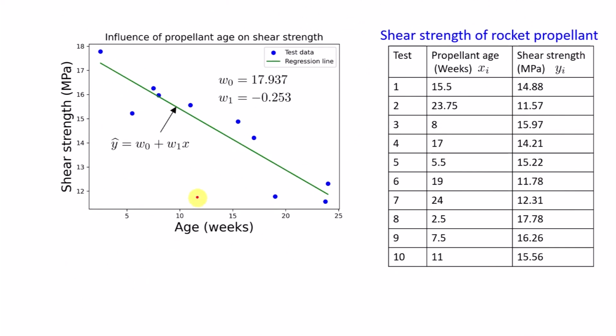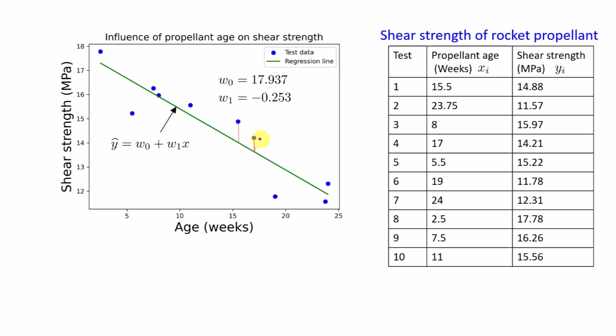Now at the end, if we plot the result, these blue dots are the scatter plots, so they are showing individual data, and this green line is our regression line. The difference at each point from this blue dot to the green line is showing our e_i, or residual, at each point.